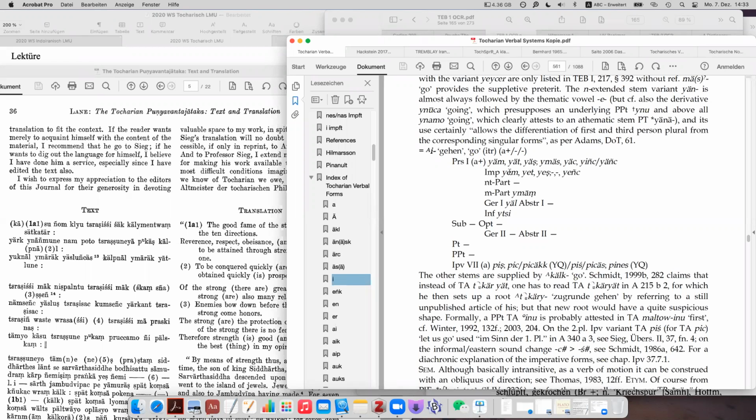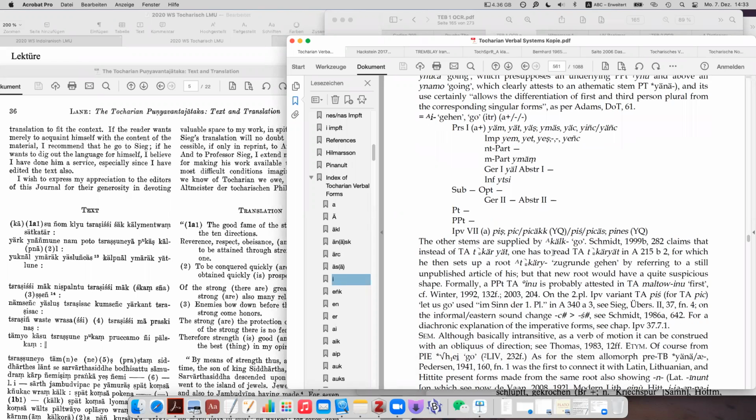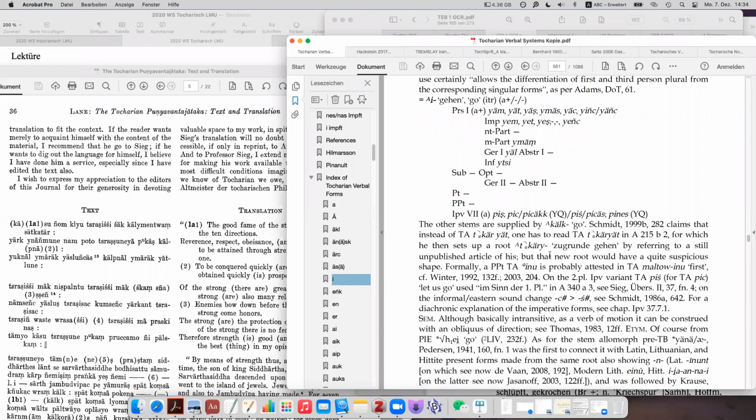But you will find these forms only for the present, because for all the other forms there's a suppletion by another verb. This is also a very important, typical Indo-European feature, that you find suppletion in certain verbs.